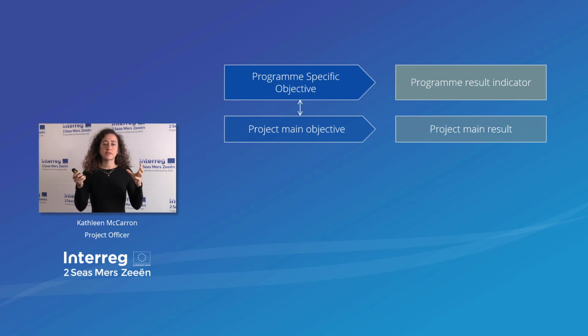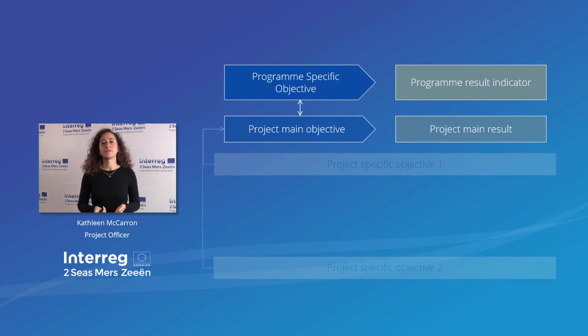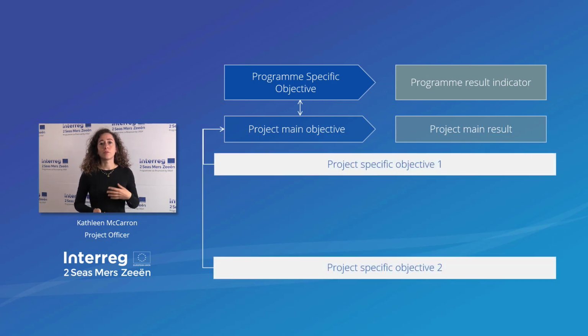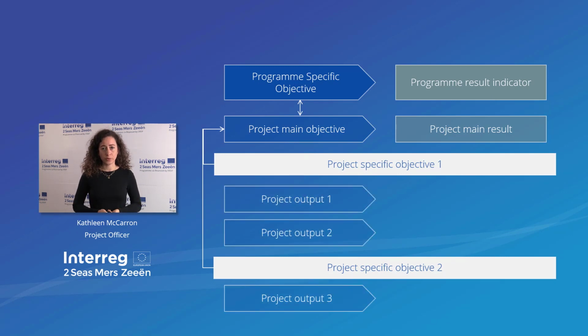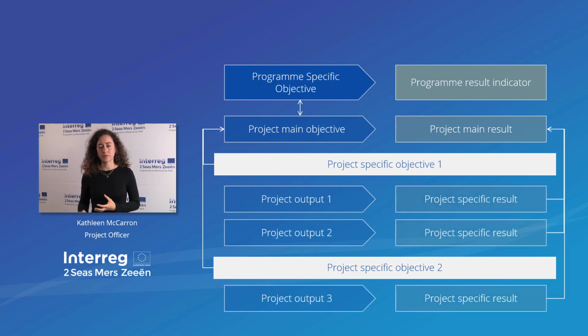Your main objective is then divided into project specific objectives, and under each of them you can have one or more outputs. Each of these outputs will lead to specific results, and these specific results will then feed into your project main result, which will contribute to the results of the program as a whole.